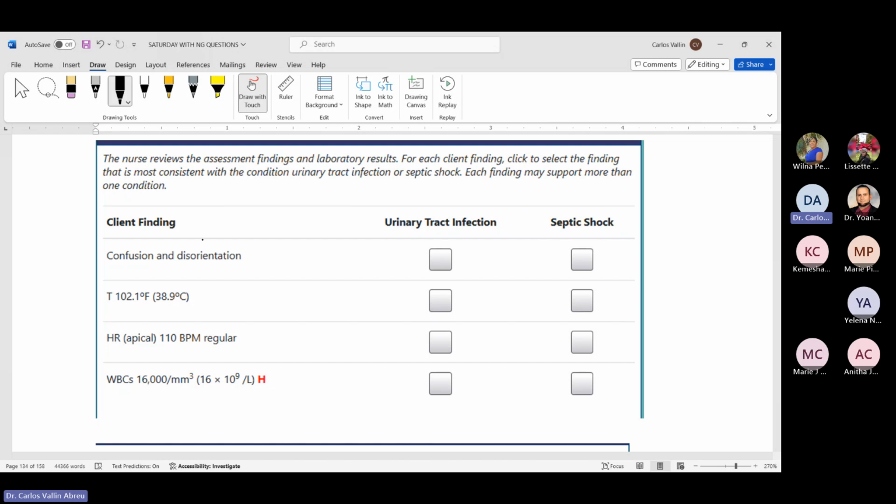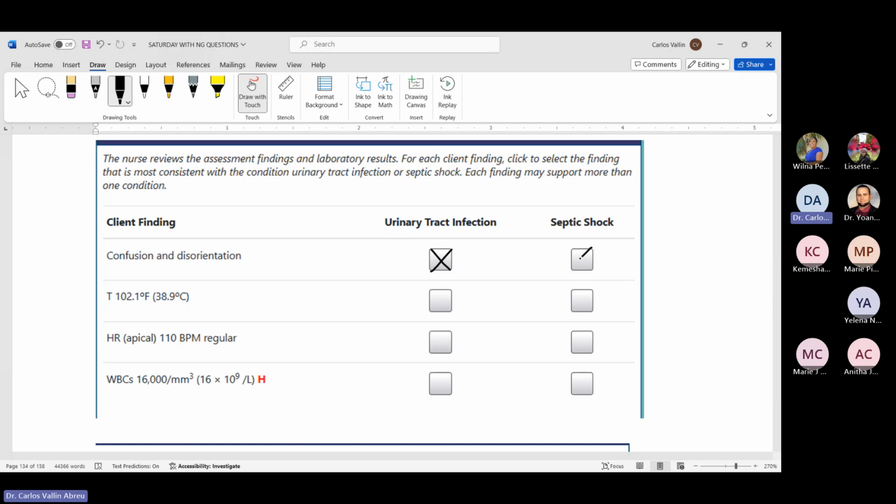But the parameters that they are giving are confusion and disorientation. This clinical finding doesn't allow us to differentiate urinary tract infection, because in an old person we can have confusion and disorientation as a manifestation of urinary tract infection.